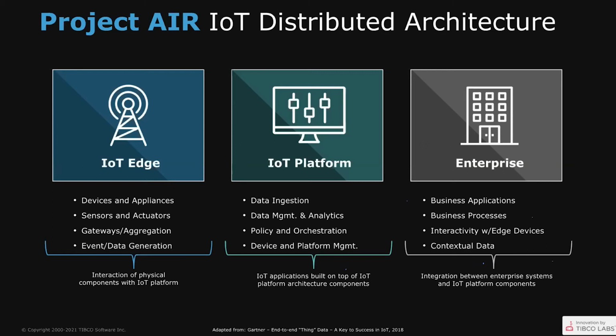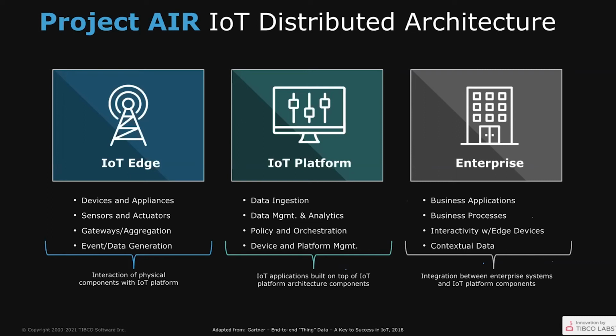Then when you want a little bit more power, you want to aggregate all those devices and sensors, you're going to have what is called a gateway, right? The gateway is sort of like your management compute that will have a bigger machine and bigger compute capabilities that manages all those devices and sensors. And then you're going to have some events and data generation happening, right? So that's kind of like right at the edge, right?